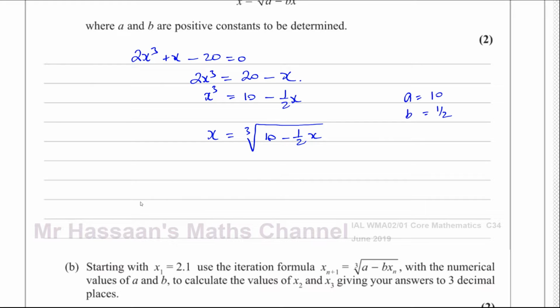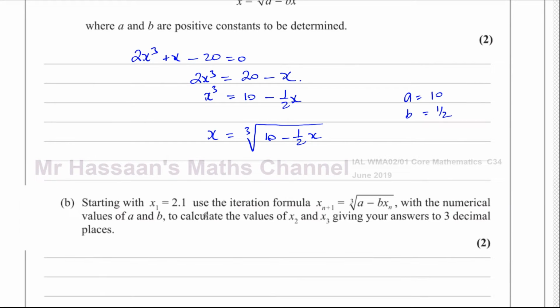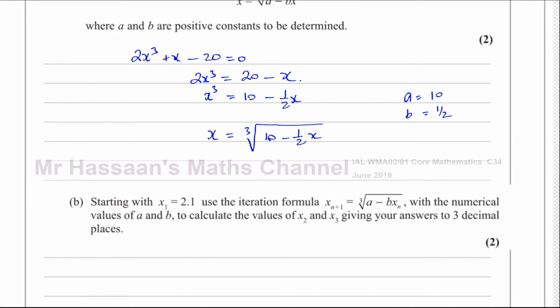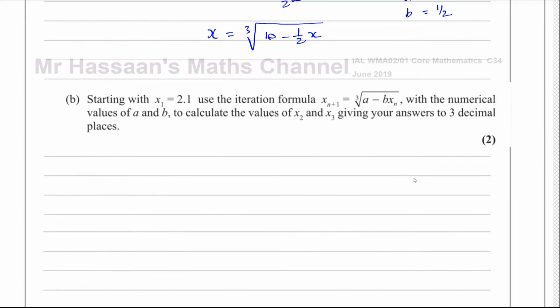Now, for part B, it says starting with x1 equals 2.1, use the iteration formula xn plus 1 equals the cube root of a minus b xn, with the numerical values of a and b, to calculate the value of x2 and x3, giving your answers to 3 decimal places. So basically, our iterative formula is xn plus 1 is equal to the cube root of a, which is 10, minus b, which is a half, xn.